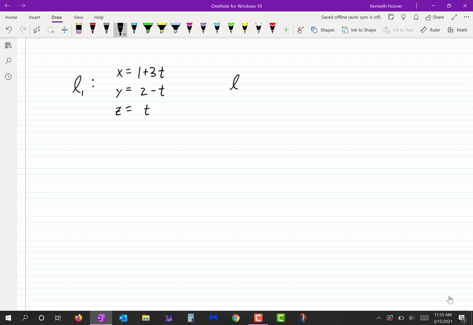For L2, we have the equations x equals -2 plus 4s. I'm using the variable s this time, because it's a different line. y equals 3 plus s, and z equals 5 plus 2s.